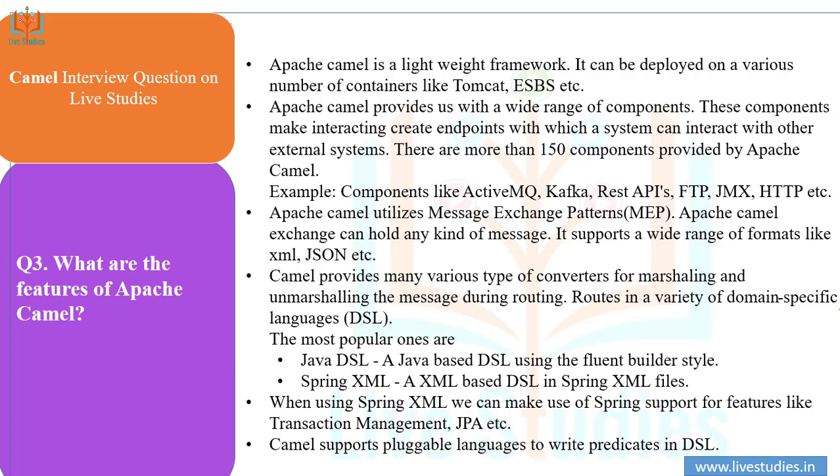Apache Camel is a lightweight framework which can be deployed to various containers like Tomcat, ESBs, etc. Another one, Apache Camel provides us with a wide range of components. These components make endpoints with which a system can interact with another external system. There are more than 150 components provided by Apache Camel.